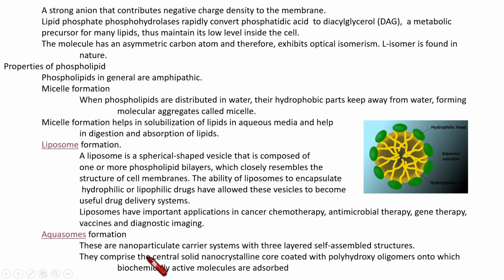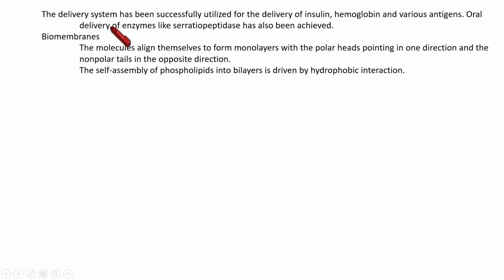So that is the aquasome. This delivery system is successfully utilized for the delivery of insulin, hemoglobin, and various antigens. And it is also used for the oral delivery of certain enzymes like serratiopeptidase. So these are all its applications.